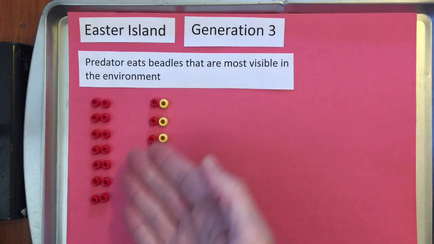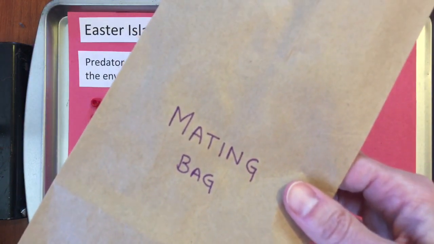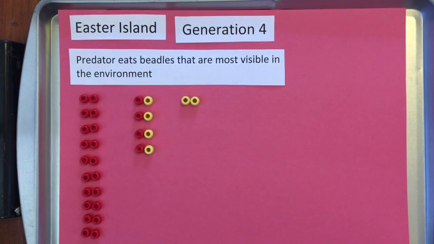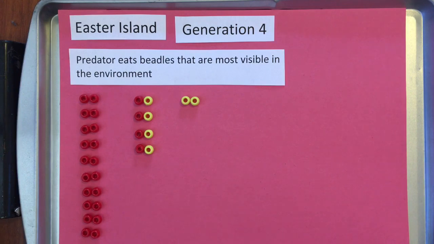So these beetles are the ones that are left to go into the mating bag and have the babies that will become generation 4. Here are the beetles in generation 4 on Easter Island. So these are the offspring of the survivors from generation 3. You might notice that the total number of beetles might change from one generation to another, and that's okay.